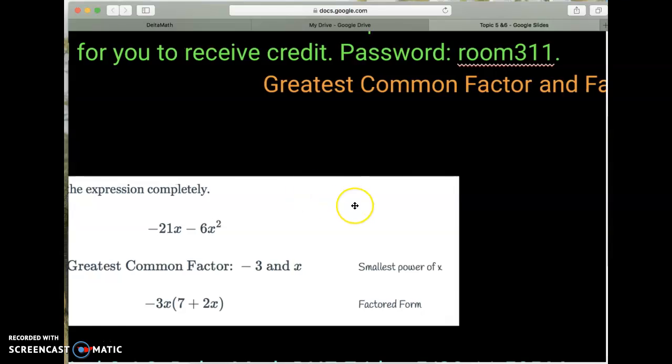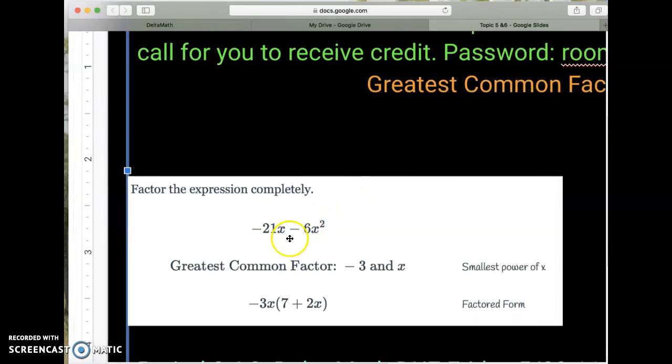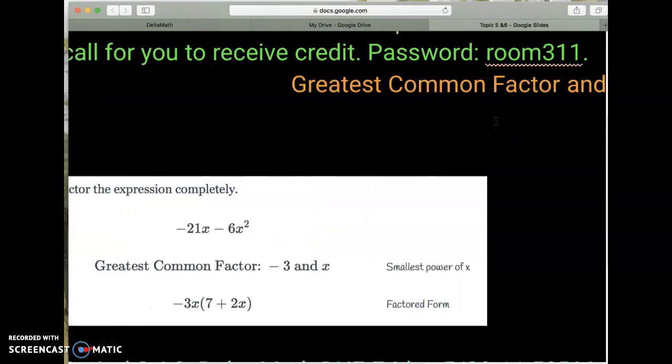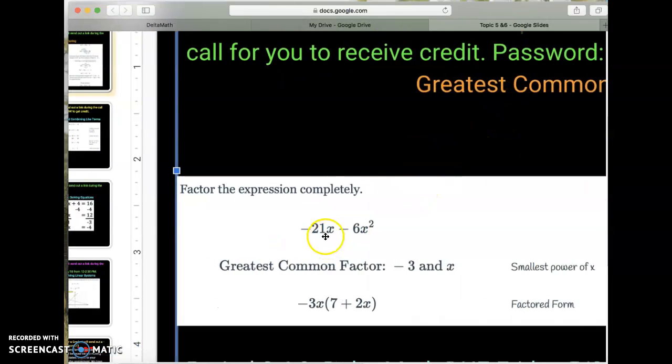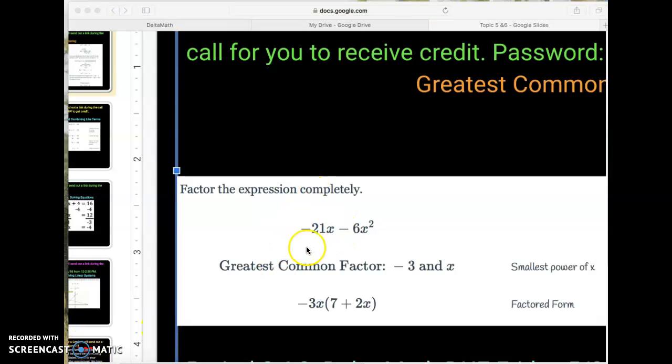So I wanted to get into some of the concepts that we are going to be doing, which is greatest common factor and factoring. For example, in the picture that I sent, they say factor this expression. You need to know the greatest common factor. So you have to think of what are the multiples of what 21 and 6 both have in common, and the greatest number that they have in common.